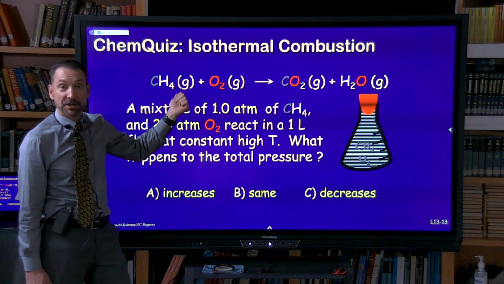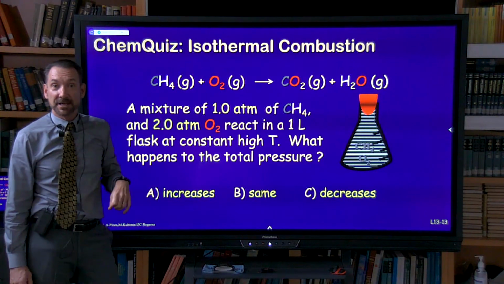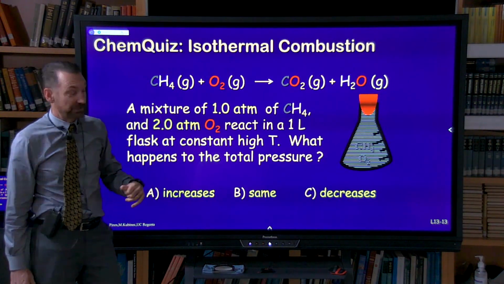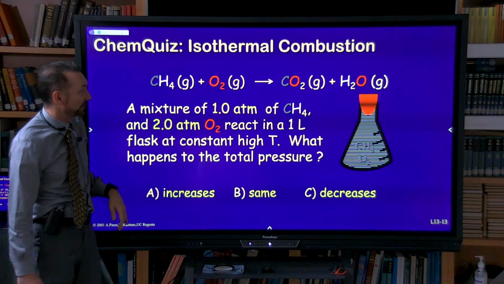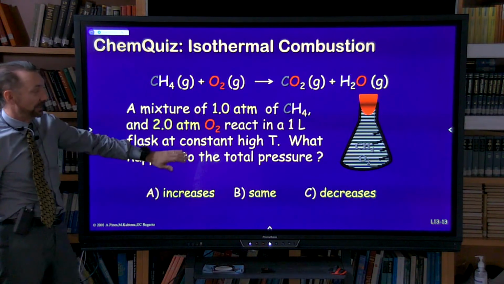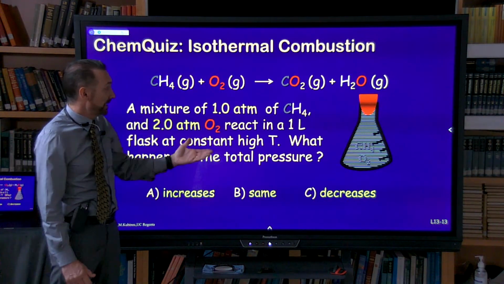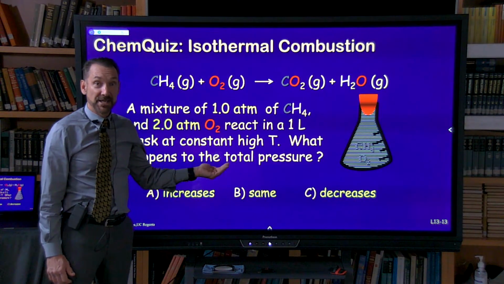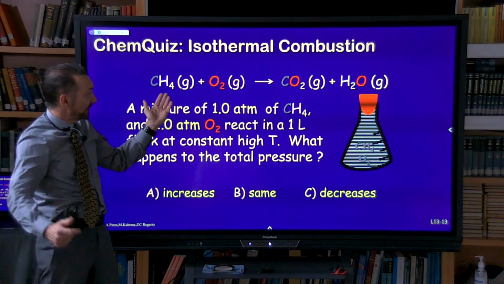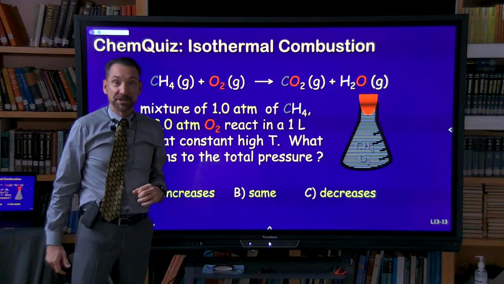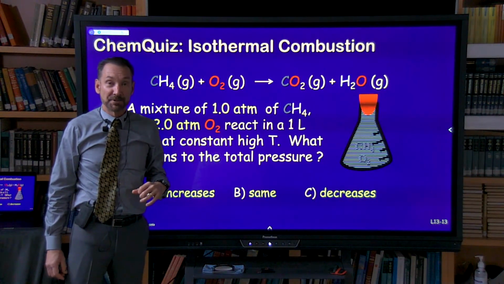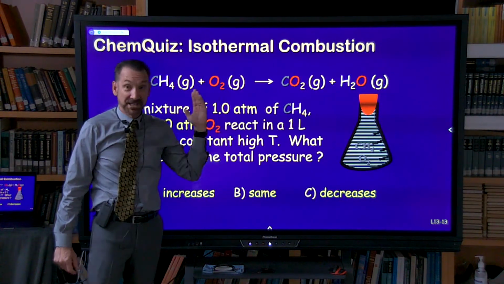Or is there some pressure left over on the reactant side because it did not go to completion? One of those reagents limited the extent of reaction. And on your midterm coming up Monday, you'll see this again, where you have to go back to the beginning of the class and remember everything you know about stoichiometry and apply that, but this time with gases.